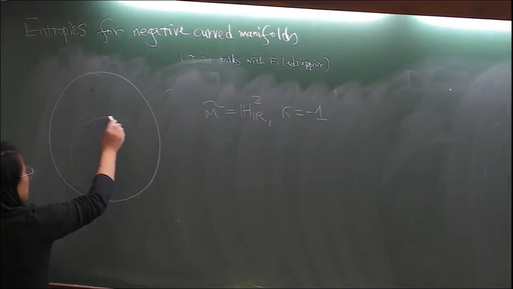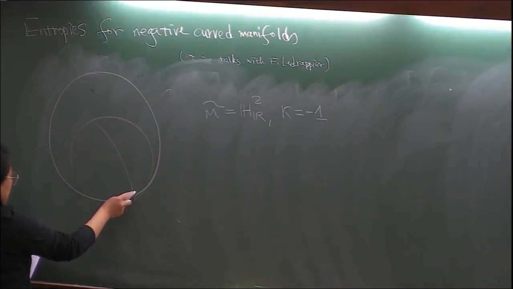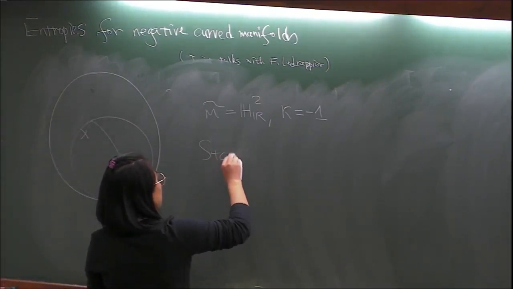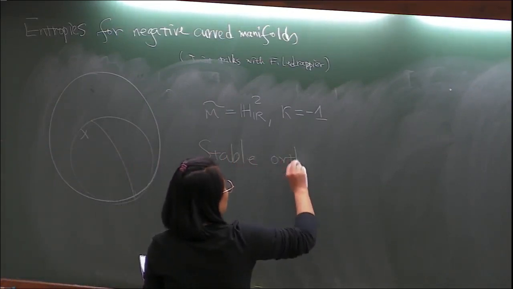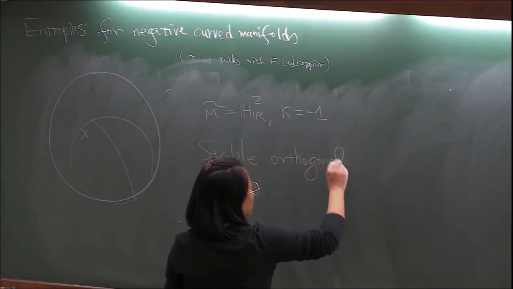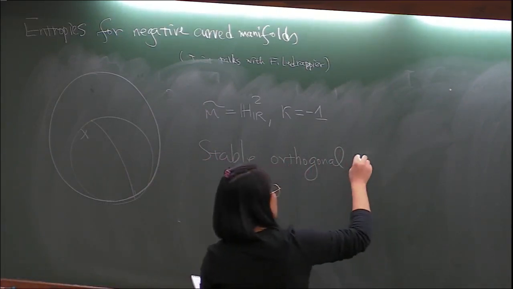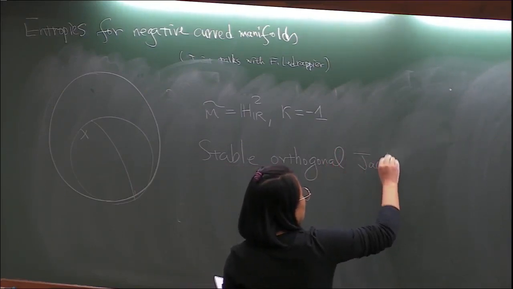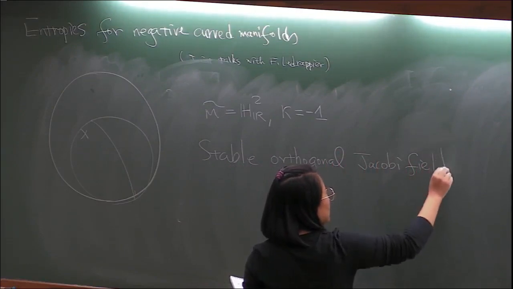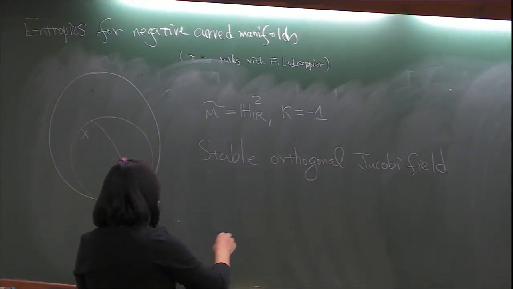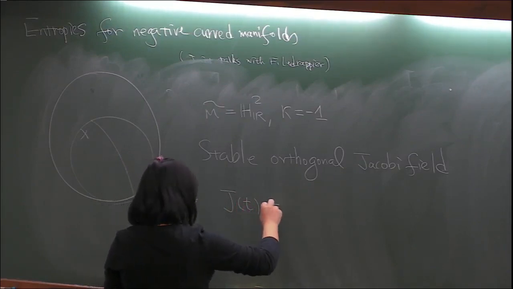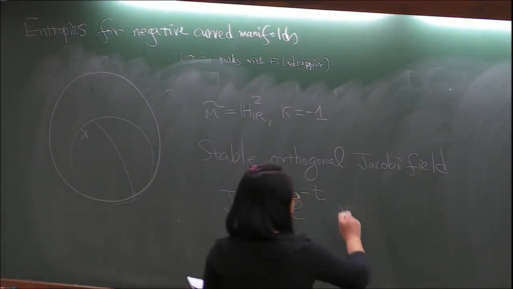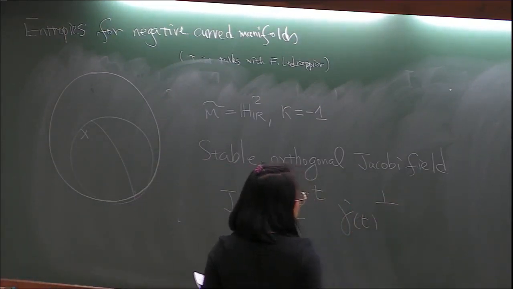So you will have the stable Jacobian field. Here's your X. Orthogonal, if your initial variations are orthogonal to your geodesic, the Jacobian field in this case is equal to e to the minus t, orthogonal.